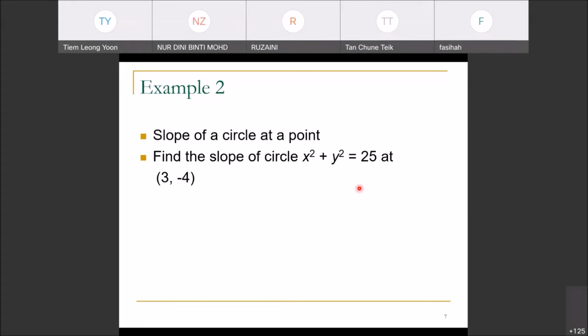Then you have another situation of slope, given by the equation x squared plus y squared equals 25, and at the point x, y equals 3, 4, what is the slope of the circle? In order to do that, let me come back to the whiteboard.